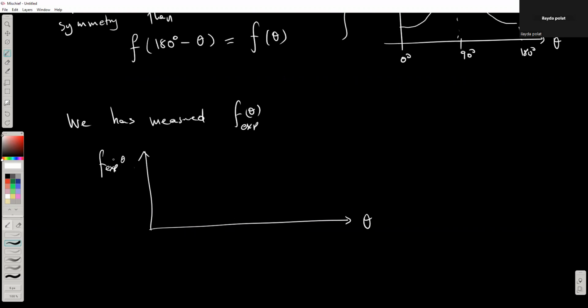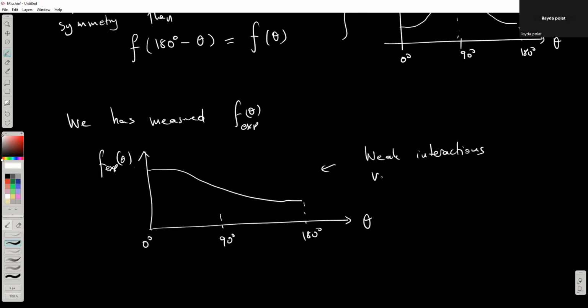I don't know how it changes. I looked at this paper long ago, but it doesn't have any symmetry at all. So that's the important point in here. Because of this, you say that the weak interactions violate inversion symmetry.